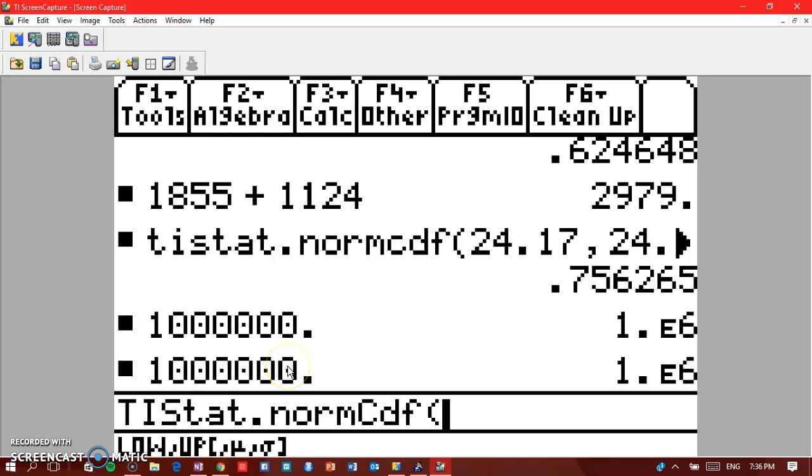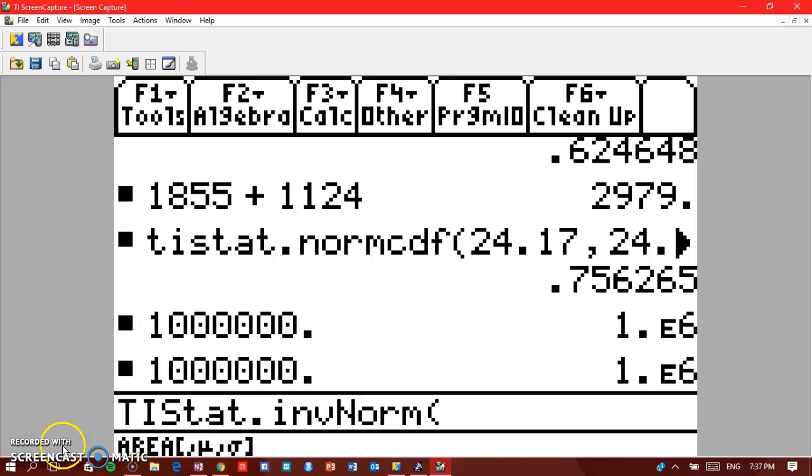We are going to use the inverse norm to find how much it's going to be. When you go to your catalog and click on F3, you scroll down to inverse and you will find inverse norm.